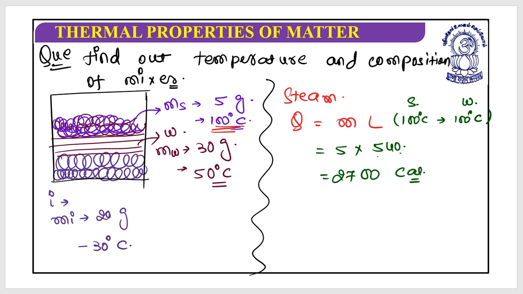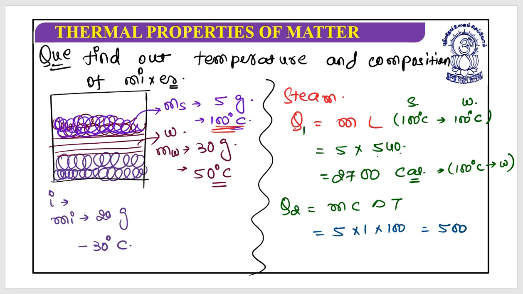But after this amount of energy, it will be at 100 degrees Celsius as water, whereas what I want is water at 0 degree Celsius. So this is Q1, and this is Q2, that is mc delta T. It would be 5 gram of steam multiplied by 1 into 100, which is equal to 500 calorie.